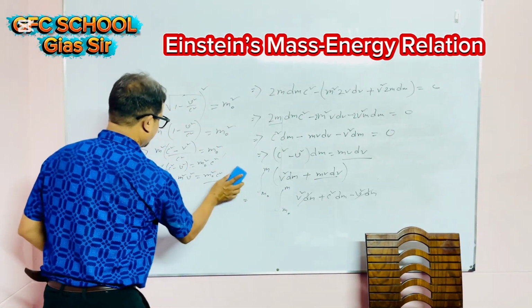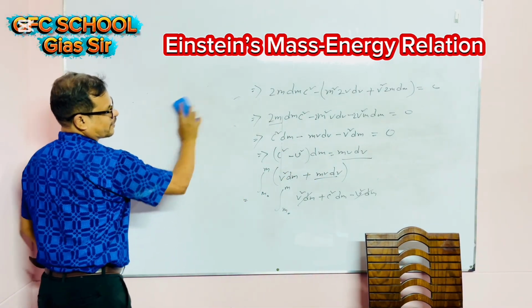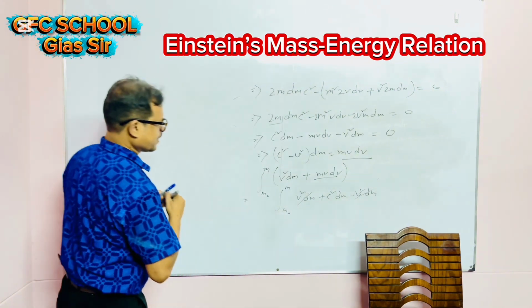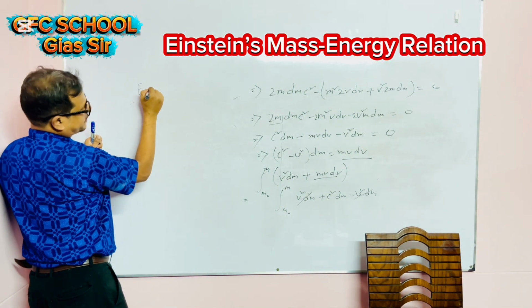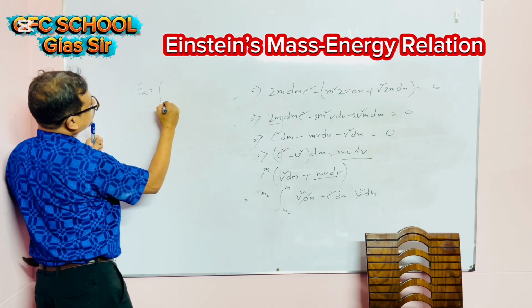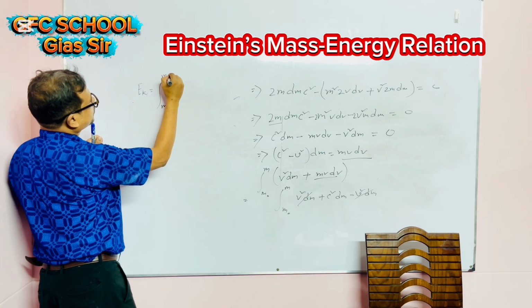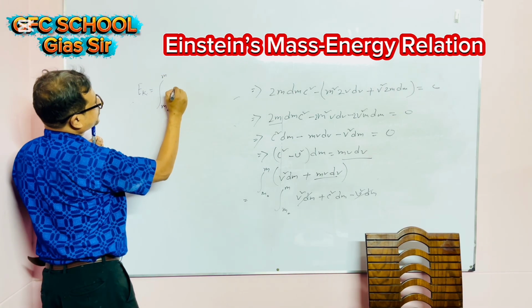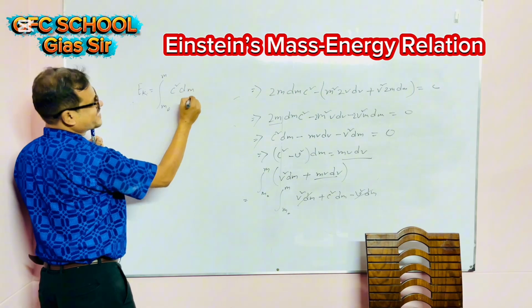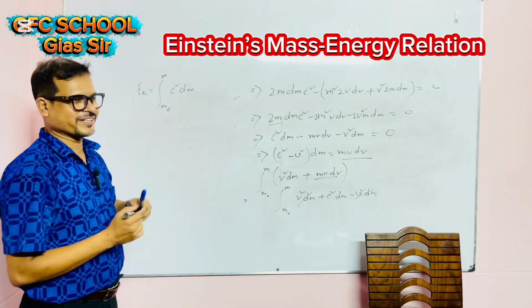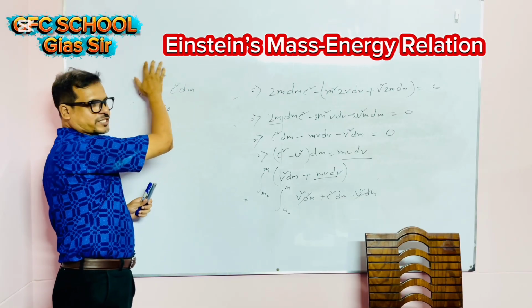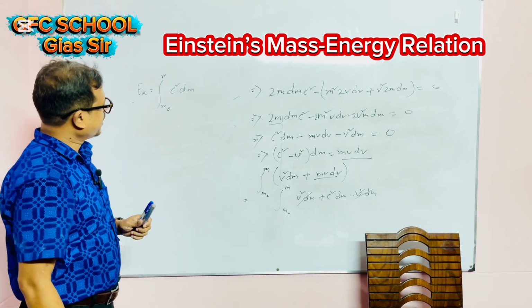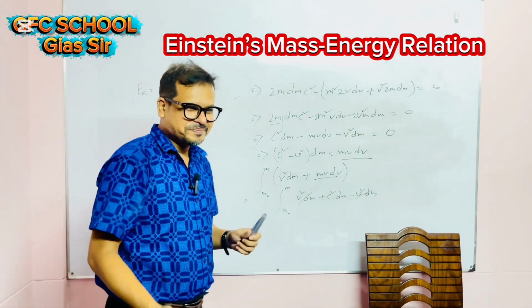Look, we got this: kinetic energy equals integration of m naught c squared dm. Finally, we've got this. A great line has become this small line. Okay, nice.